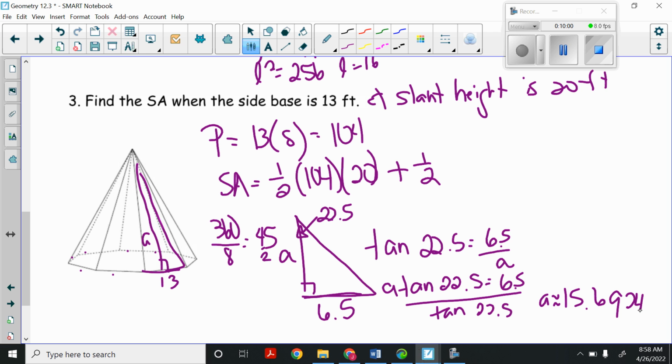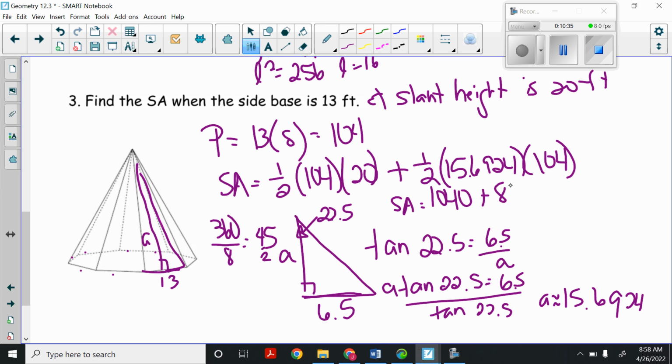So now I come back up here, 1/2 my apothem, 15.6924, times my perimeter, which we said was 104. So now I want to multiply all of this out. So 104 times 20 cut in half is 1040. Plus 104 times 15.6924 cut in half is 816.0048.